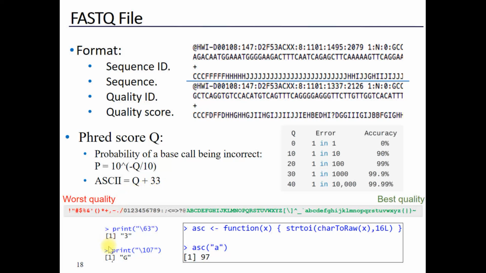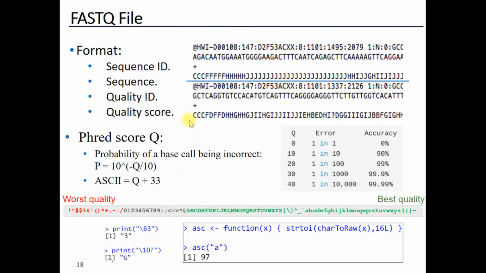And if you look at the table, or if you convert it in R, just print by this command, it will give you the ASCII code corresponding to 63 is a question mark, and the ASCII code corresponding to 107 is G. So generally speaking, if you have a file with all capital letters, then you will know that, okay, my read quality is pretty good, in a very good range.